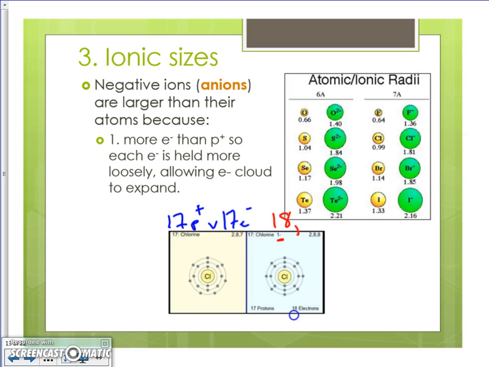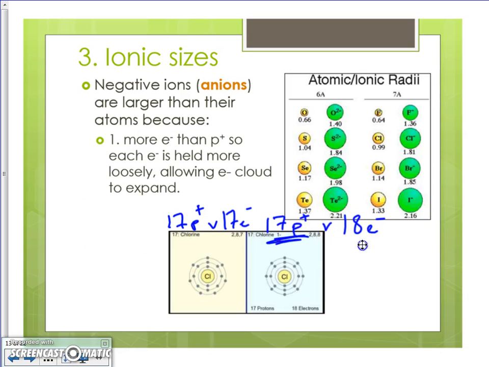Electrons are winning the battle there. There's not enough pull from our protons to hold them tight anymore. So they've expanded. With more electrons than protons, each is held a little more loosely.